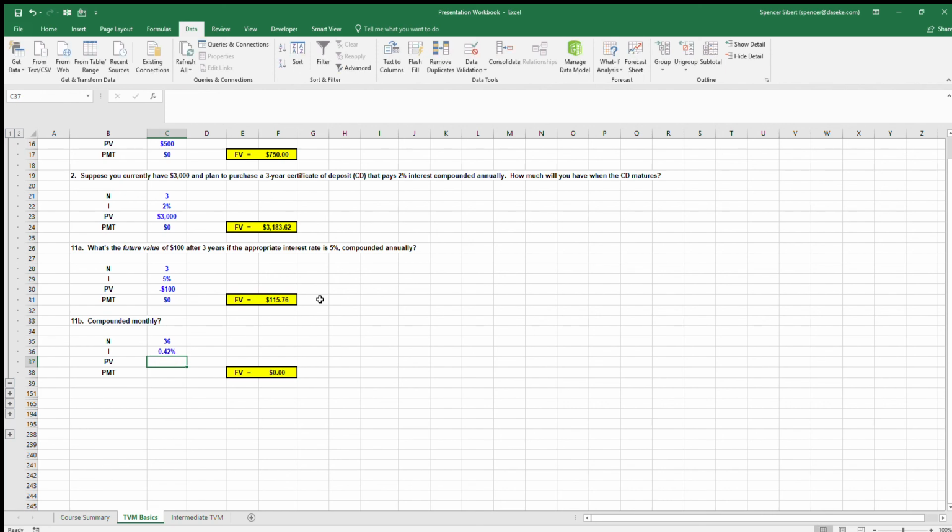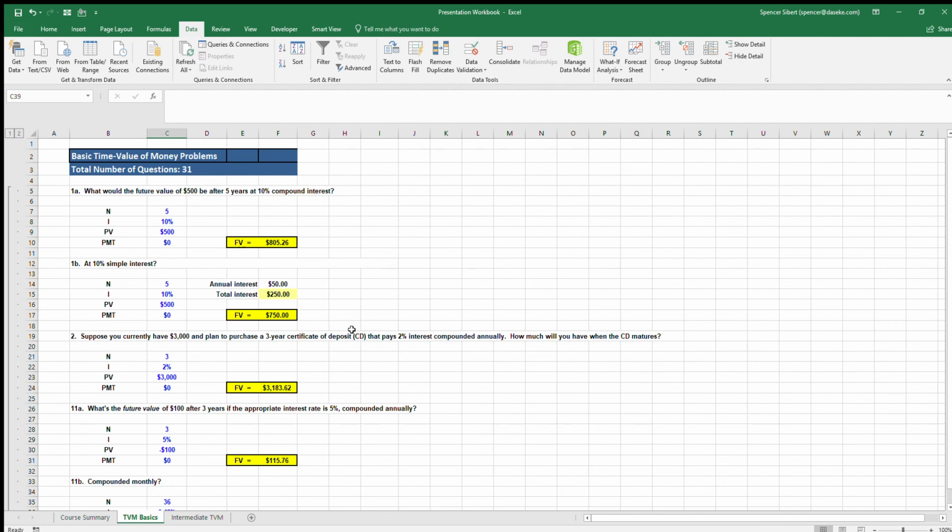Present value is negative 100, and your payment is 0. So the answer here is $116.15.